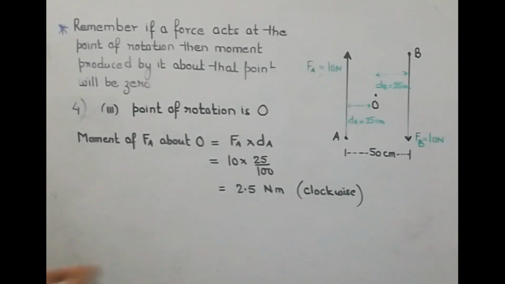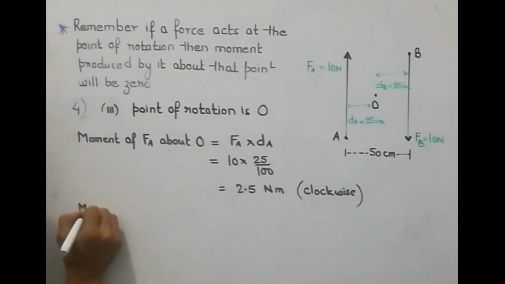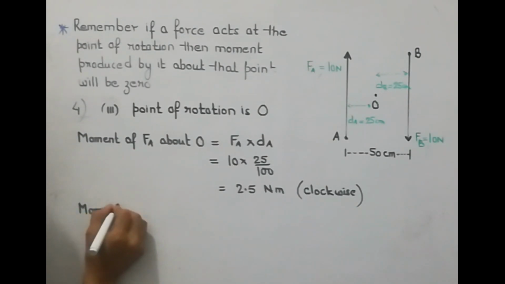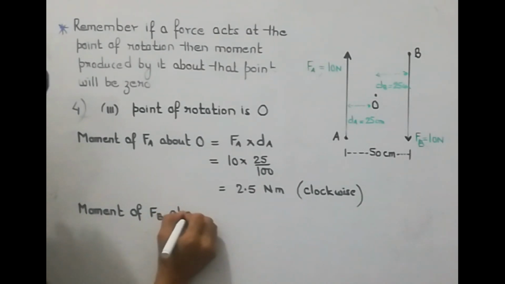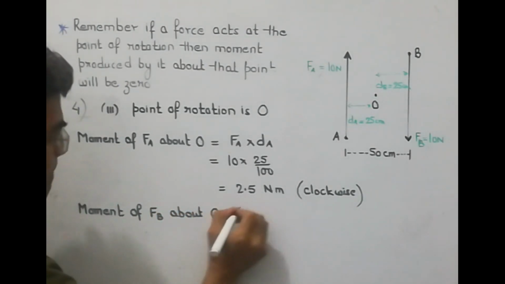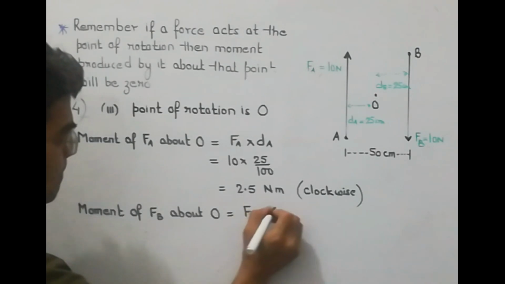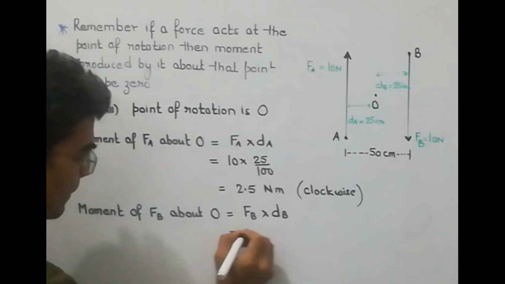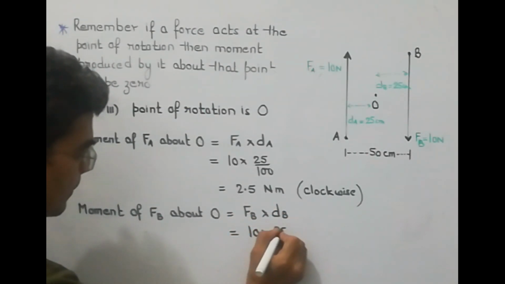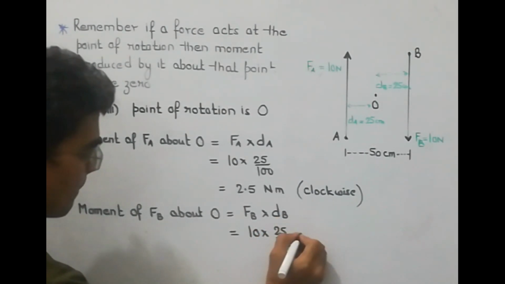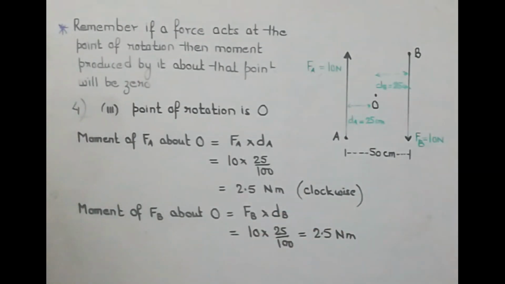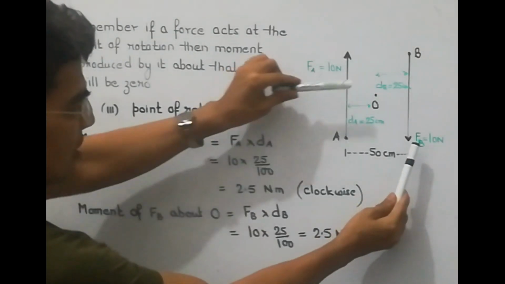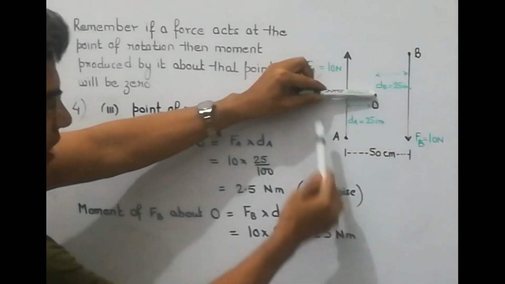Similarly, calculate for B. Moment again, this will be 2.5 Newton meter, and if you check for B, this is the point of rotation O and B goes like this.